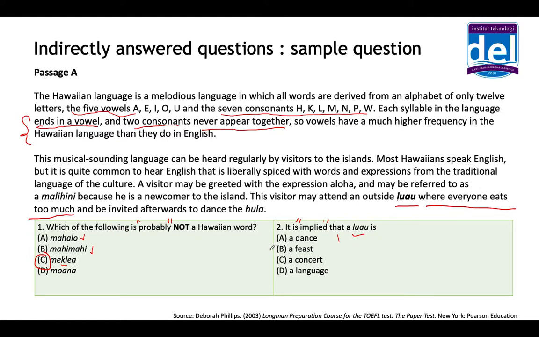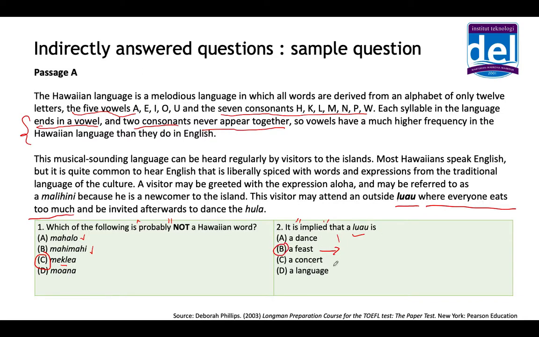Now we can look at the options one by one. Is it a dance? It seems that this is not suitable to where everyone eats. What about B, a feast? A feast means a big party. This sounds relevant to the statement, but let's just keep it for now.